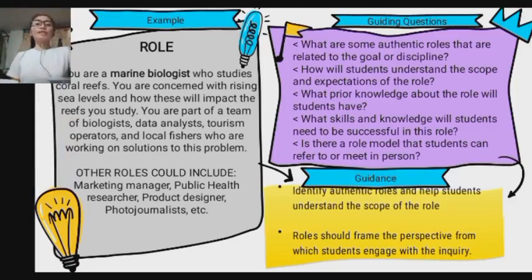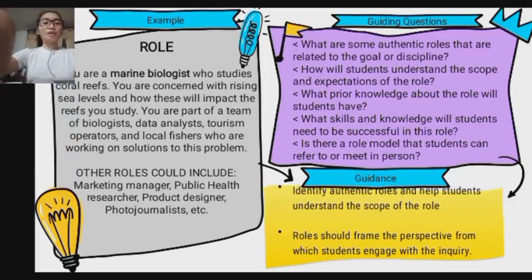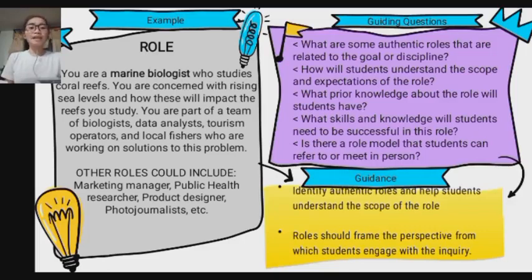So obviously your role here is a marine biologist. And then you are concerned with rising sea levels and how these will impact the reefs you study. You are part of a team of biologists, data analysts, tourism operators, and local fishers who are working on solutions to this problem. So the role here is the marine biologist.